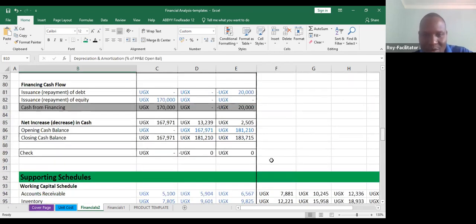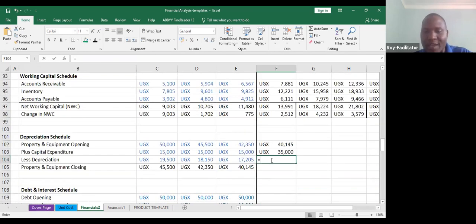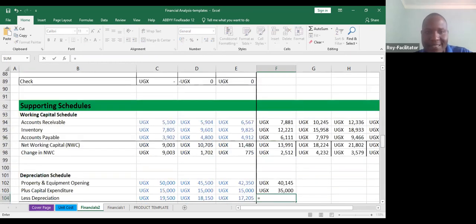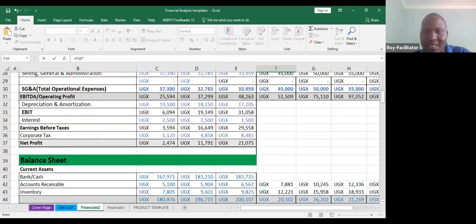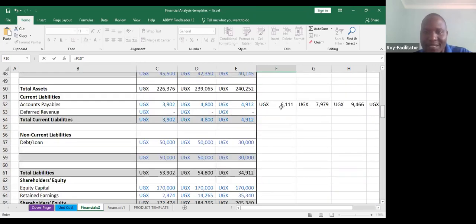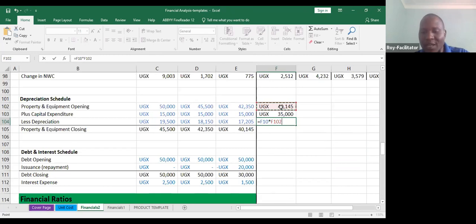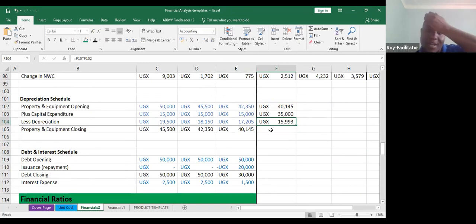So this equals the percentage that I put for depreciation, that is 40%, of the opening property and equipment. Let's go to where it is. Okay, so I'll put that. I don't want to work with the decimals, so I'm just going to remove them for now. Okay, so now we have this complete.